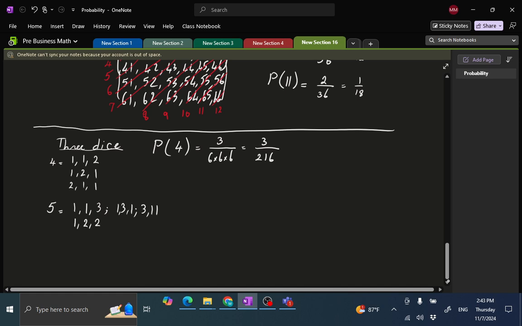You could also get 2 1 2, or 2 2 1. So the probability of landing a 5, that means the sum of your dots is a 5 in 3 dice, we see 6 possibilities over a total of 216.